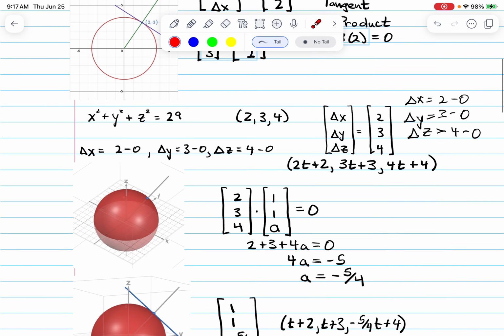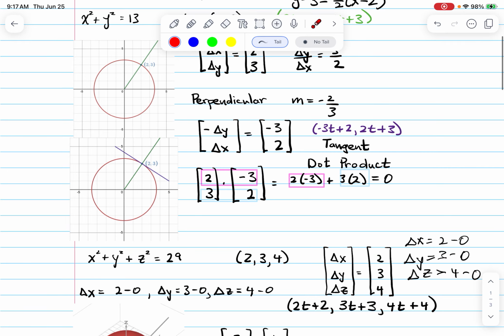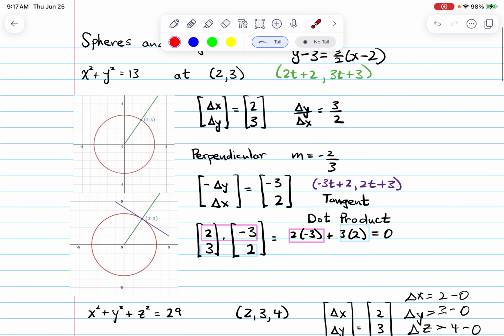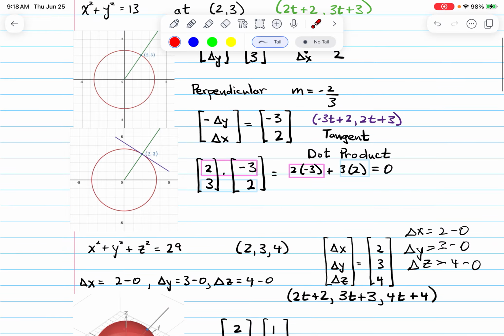Now, let's go back and look at this a minute. Notice that up here for the circle, we had this 2, 3. Delta x, delta y. In other words, the number that goes in the x-coordinate, the number that goes in the y-coordinate. Now down here, we flip those, and now I've got negative 3 here and 2 here. I just flip those and change the sign of one of them.